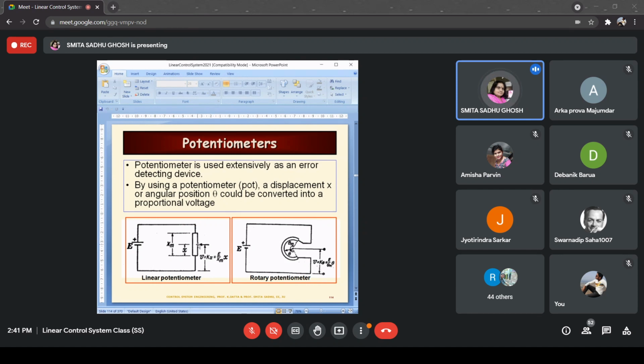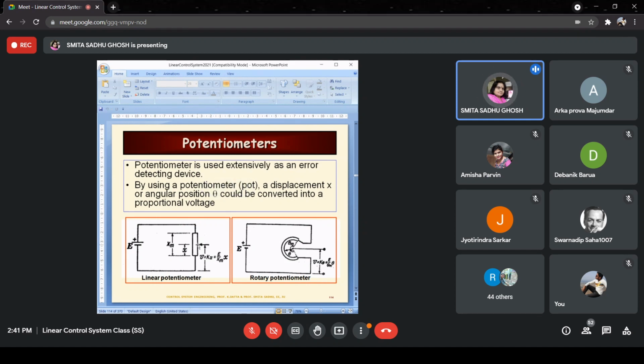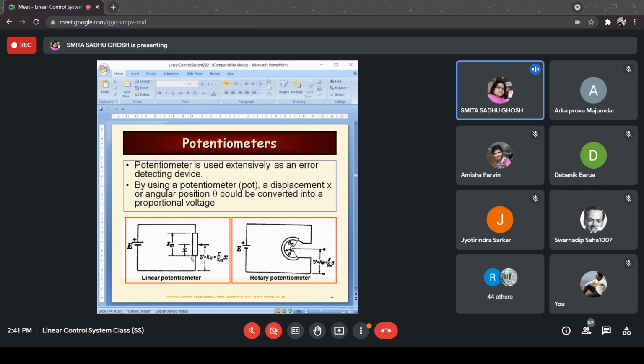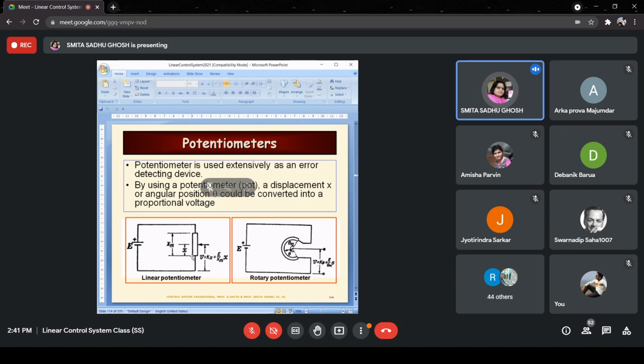Now if the pointer is at some general position over here, the length of the element from the reference end to the pointer is given by small x. So small x is the amount of length that we wish to read at the output side, and the maximum possible length of the element is Xm, right? The m actually stands for maximum.